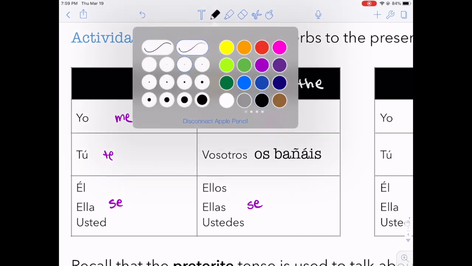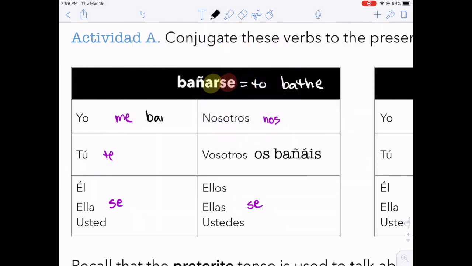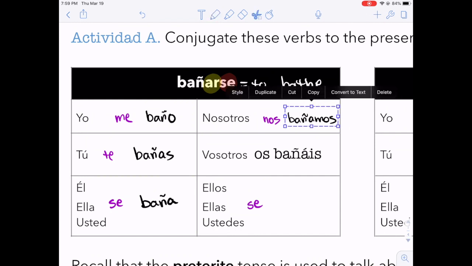So that'll give us me baño, te bañas, se baña, nos bañamos, os bañáis, y ellos se bañan. Again, we've got our regular AR endings, o, as, a, amos, áis, an.